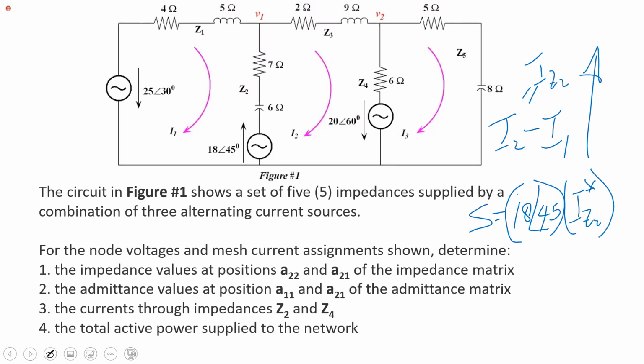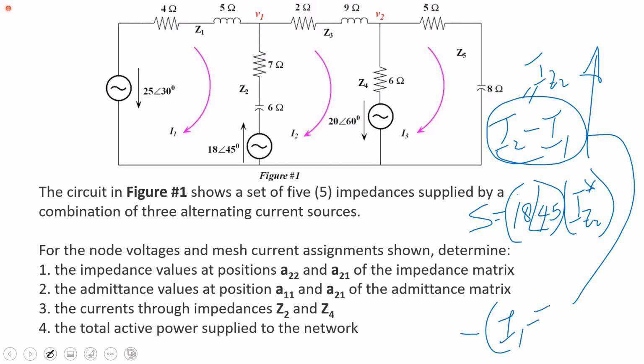You agree with that? Yes, sir. Now, isn't this equal to the negative of I1 minus I2? Yes, sir. And isn't I1 minus I2 going in that direction? Yes, sir. So it really doesn't matter.